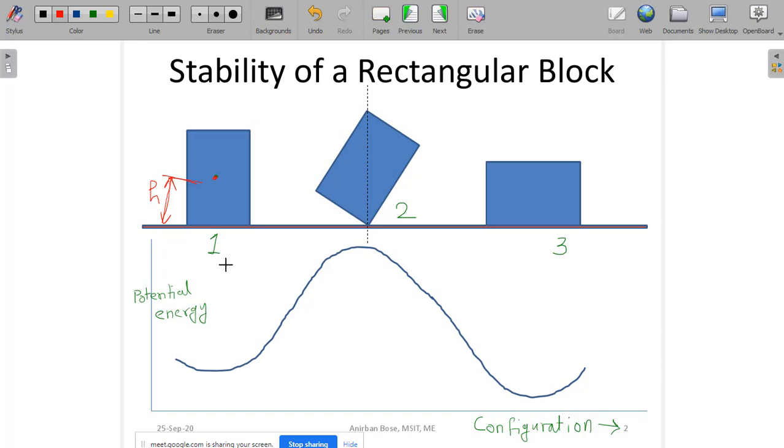As the breadth and width of this particular block are different, as you can see here, this dimension and this dimension are different. So let us consider the CG from the datum is at a height h1. So its potential energy at configuration 1, let us consider this point represents configuration 1, and the corresponding potential energy here is mgh1.